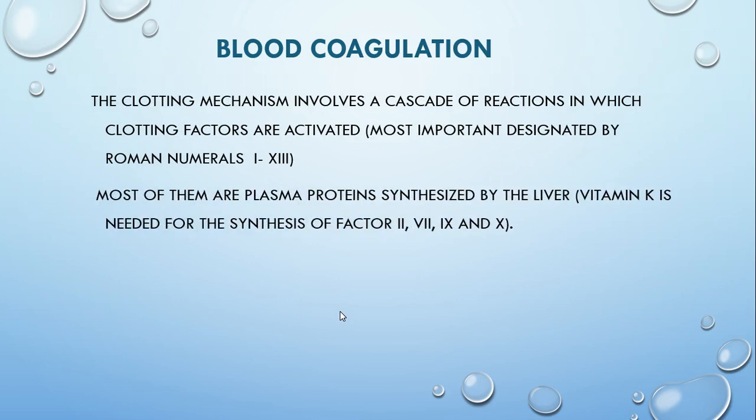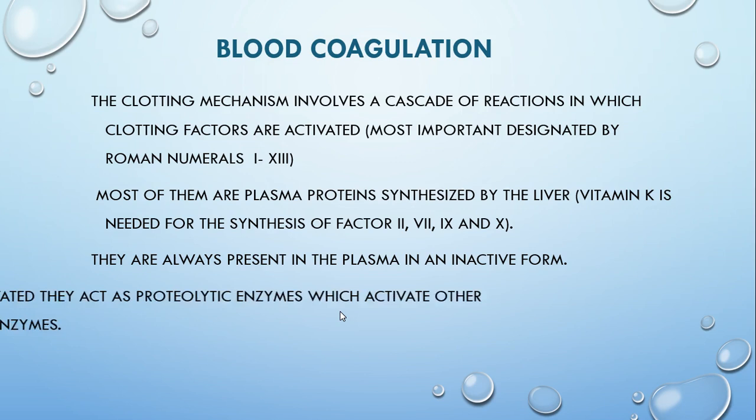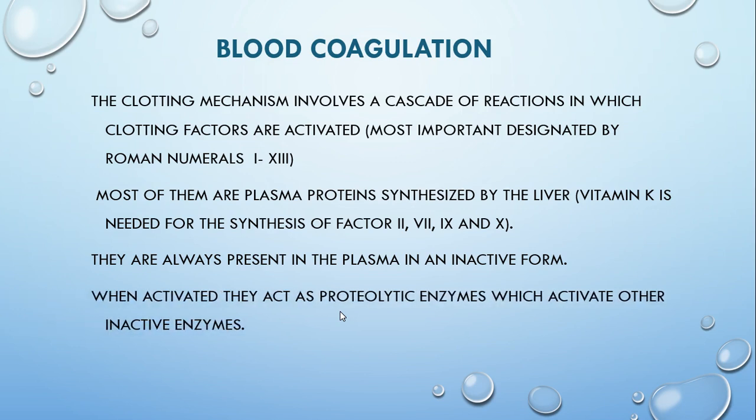The clotting mechanism involves a cascade of reactions in which clotting factors are activated. These are synthesized by the liver, and some of which are vitamin K dependent. It means that vitamin K is necessary for their production. Such clotting factors which depend upon vitamin K for their synthesis include factors 2, 7, 9 and 10.